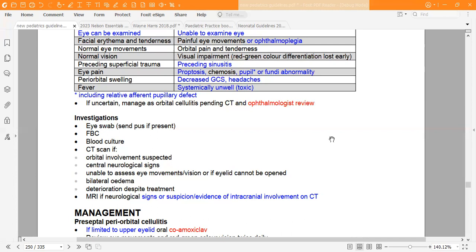MRI if neurological signs or suspicion, or evidence of intracranial involvement on CT scan. So if you have done a CT scan and you have found something weird, or there's an intracranial involvement, for example, cavernous sinus thrombosis, stuff like that, you will go ahead for doing MRI.